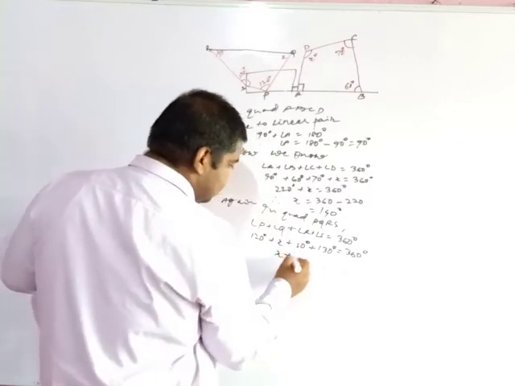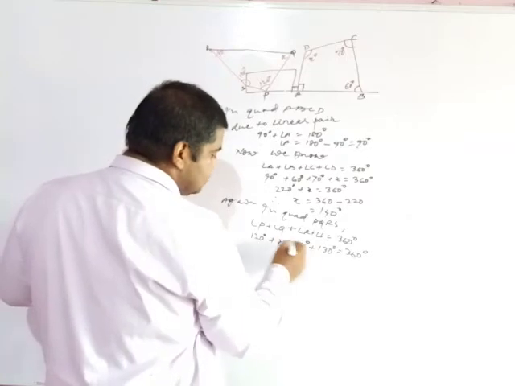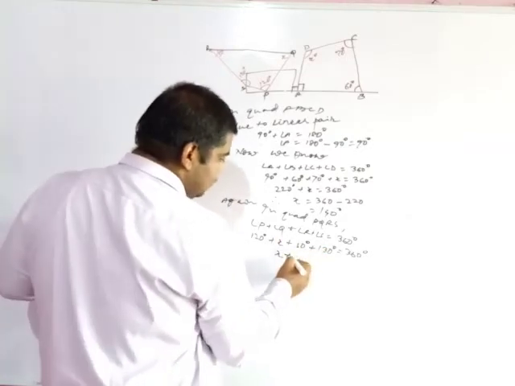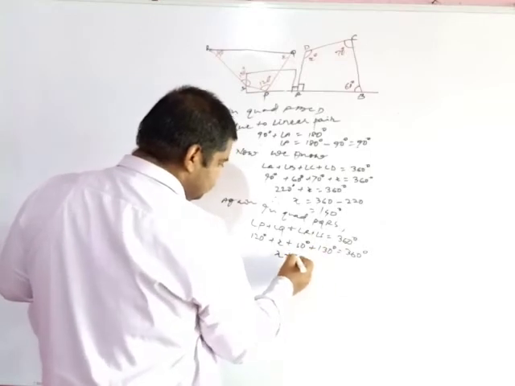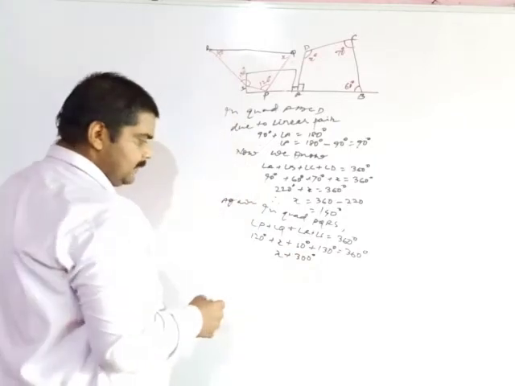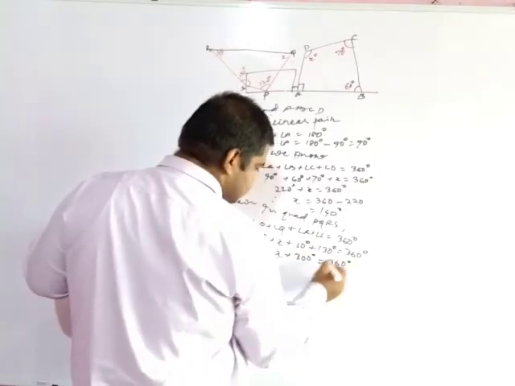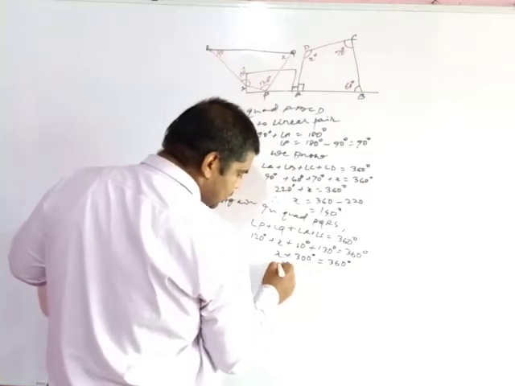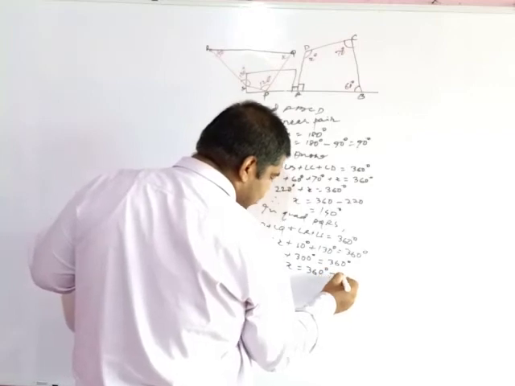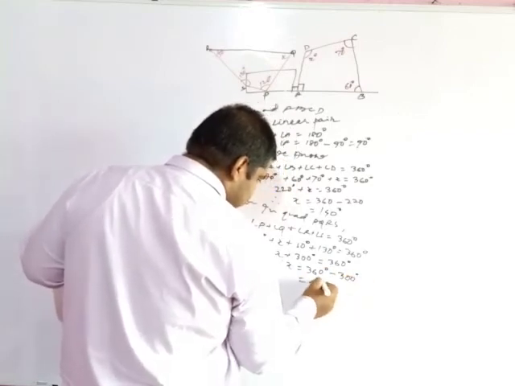If you add all these three angles, you get 300 degree, and it is equal to 360 degree. So x is equal to 360 degree minus 300, and you get 60 degree.